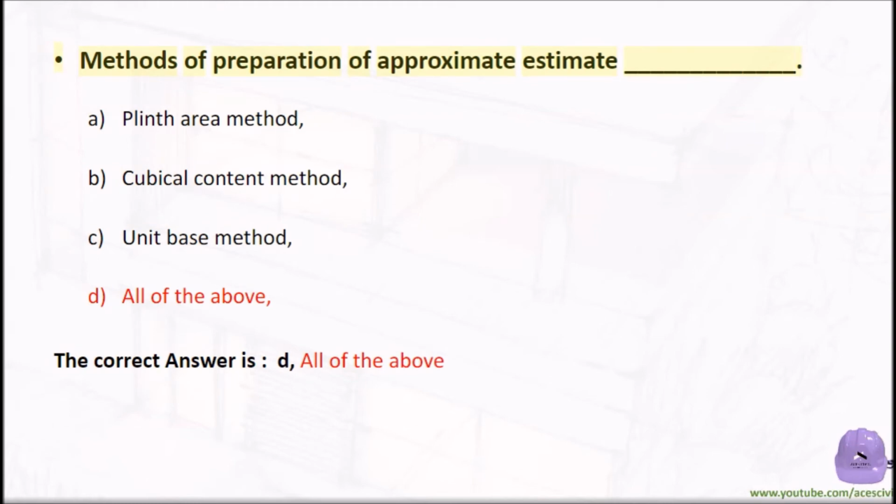Methods of preparation of approximate estimate: A. Plinth area method, B. Cubical content method, C. Unit base method, D. All of the above. The correct answer is D. All of the above.